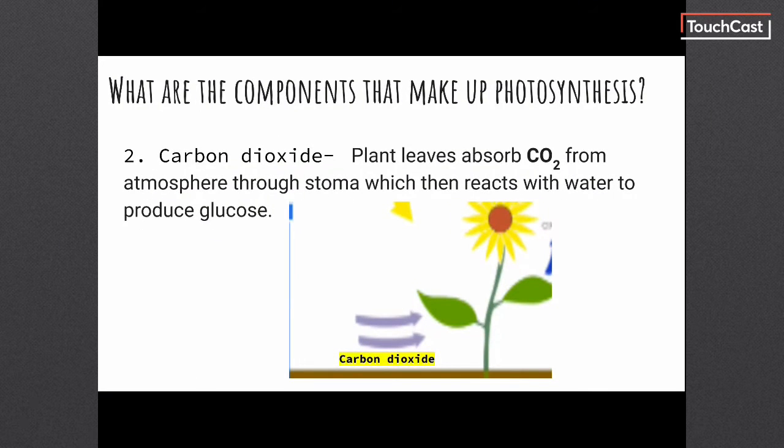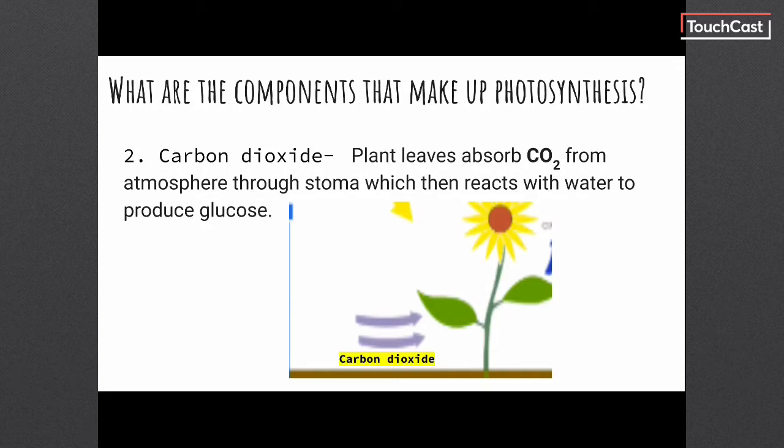Number two, carbon dioxide. That's what you're going to fill in the blank. The plant absorbs CO2 from the atmosphere through stoma or stomata, which then reacts with water to produce glucose. And glucose is a more fancy word for sugar. Where does the plant get the CO2 from?